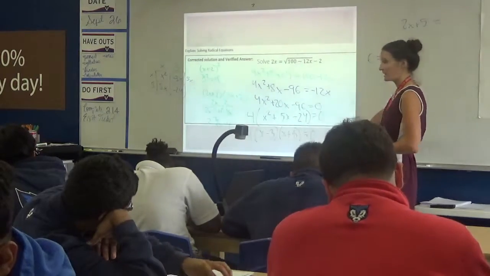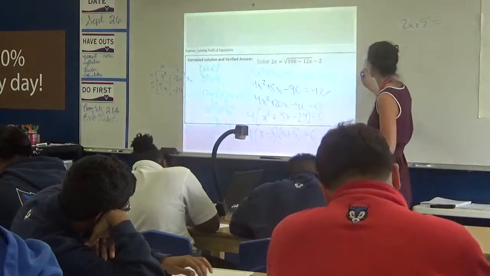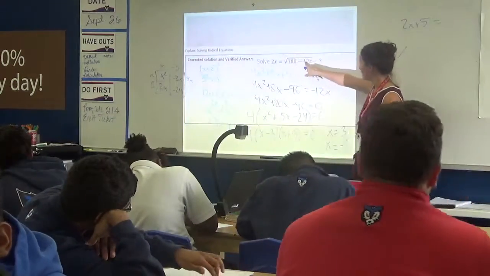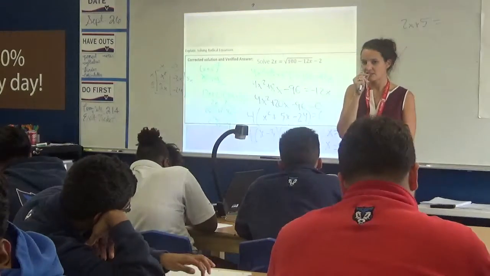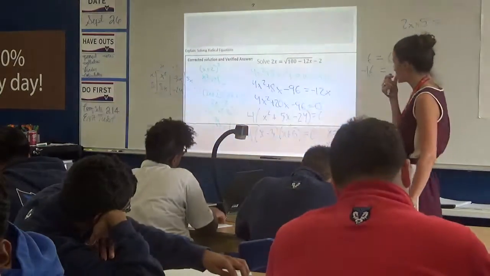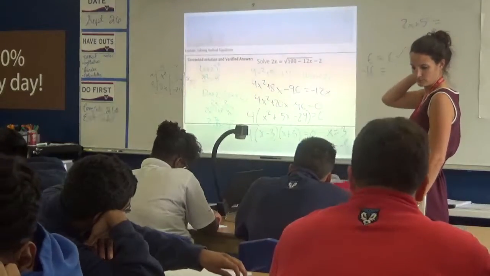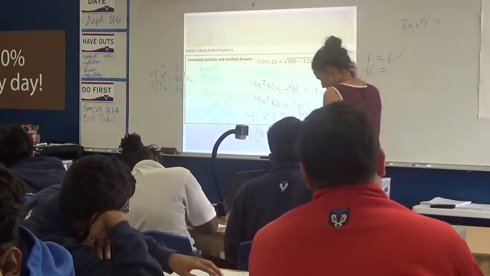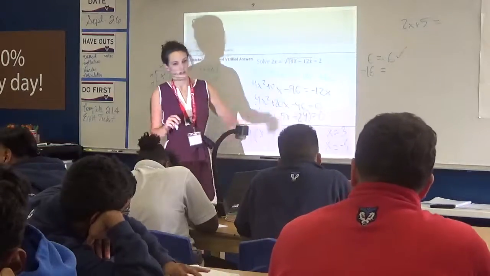If I have a negative 8, 2 times negative 8 is negative 16. On the other side, go ahead and plug in a negative 8 and see if you get negative 16. Try that out. Plug in 8 here.